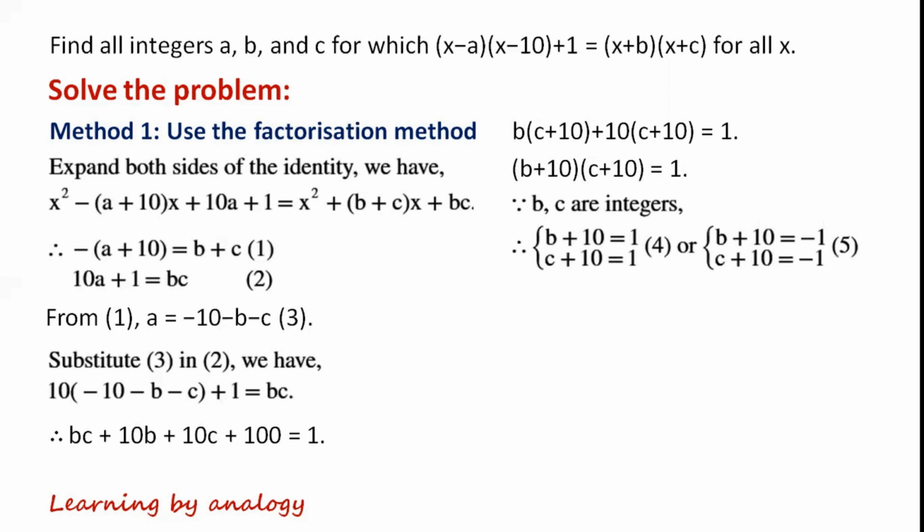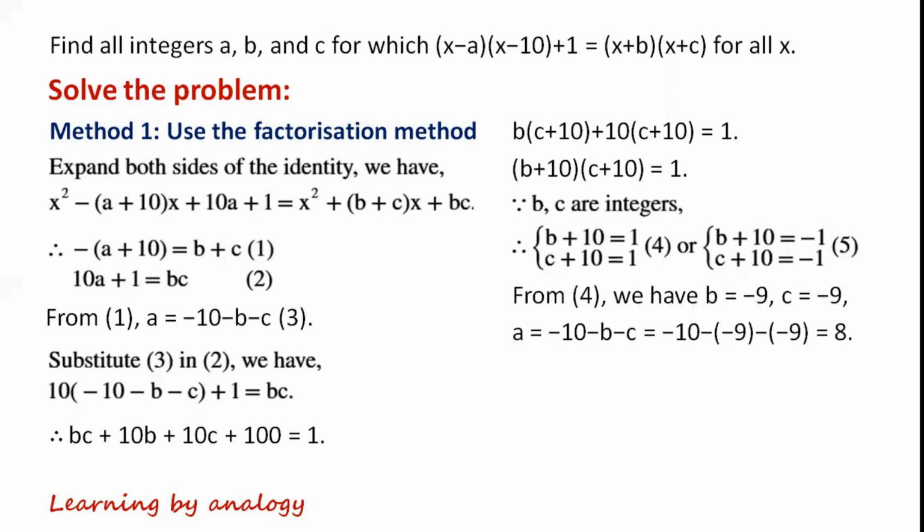because b, c are integers, so b + 10 = 1, c + 10 = 1, or b + 10 = -1, c + 10 = -1. From equations 4, we have b = -9, c = -9, a = -10 - b - c, which simplifies to 8.